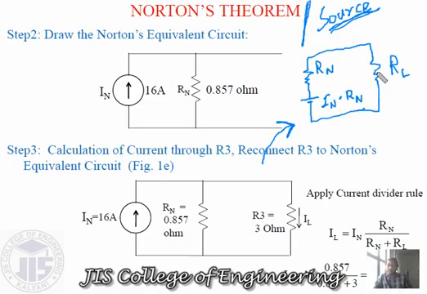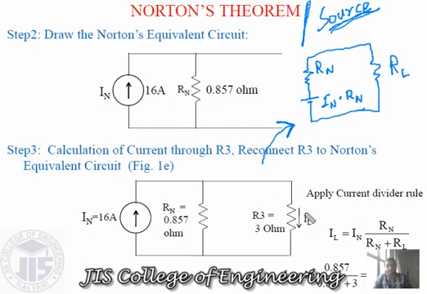So the values of the Thevenin resistance and the Norton resistance are the same. Now for the overall circuit, for Thevenin's theorem the circuit is represented as a voltage source in series with a resistance and again in series with the load resistance. That is the Thevenin's theorem representation. For Norton's theorem, it is a current source in parallel with the Norton resistance, and again in parallel with the load resistance.